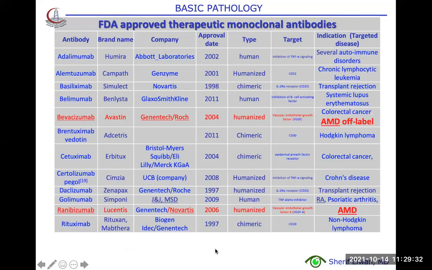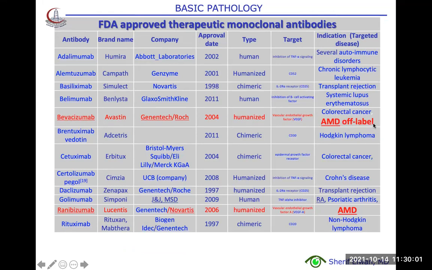In the market, there are many monoclonal antibodies approved by the FDA, but for us so far, especially in our country, we have bevacizumab and ranibizumab. Bevacizumab is the Avastin that is used for treatment of age-related macular degeneration, but off-label.